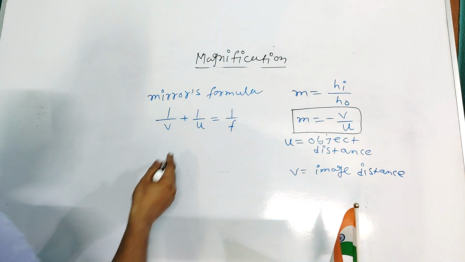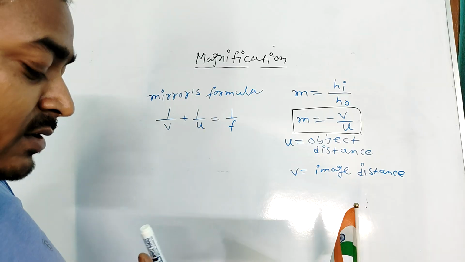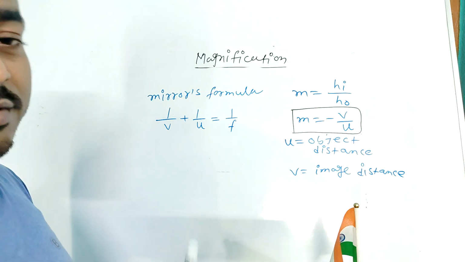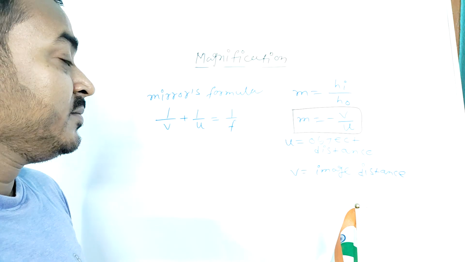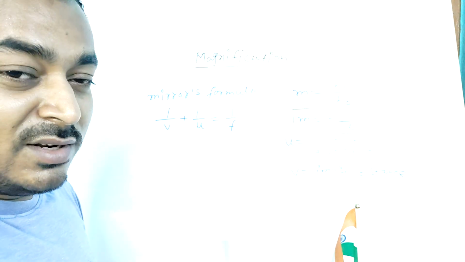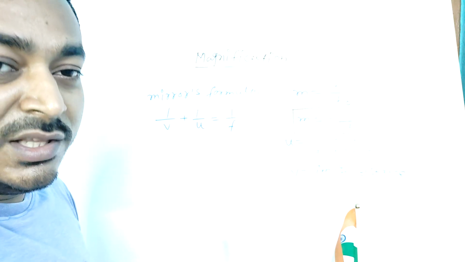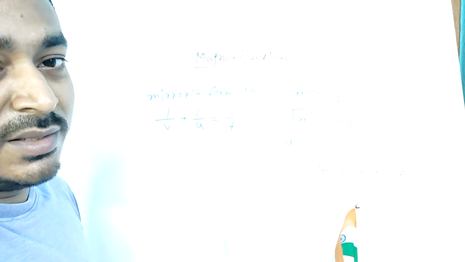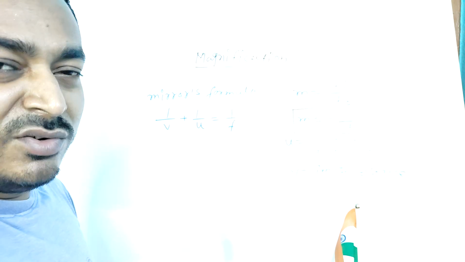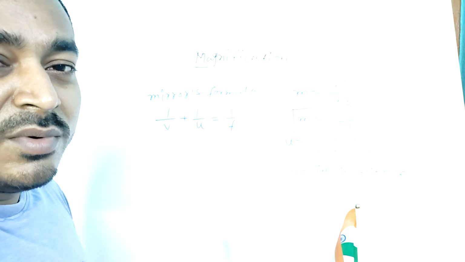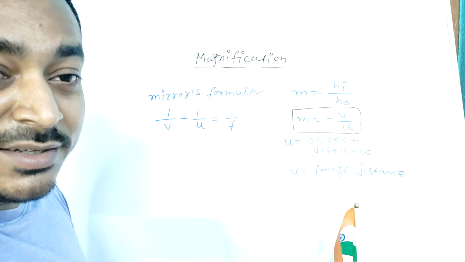You can say, sir, where are the mathematical questions? All of you, remember one more thing. If your concept is clear, if you know the theory, you can solve mathematical problems. But don't worry, we'll discuss the mathematical problems also. At first, let us complete the theoretical part.